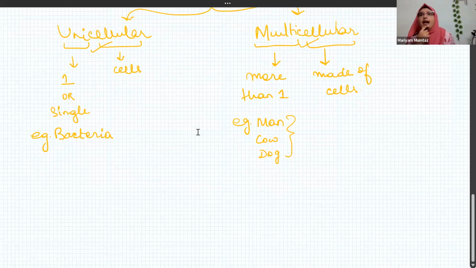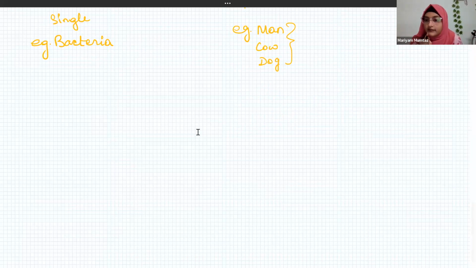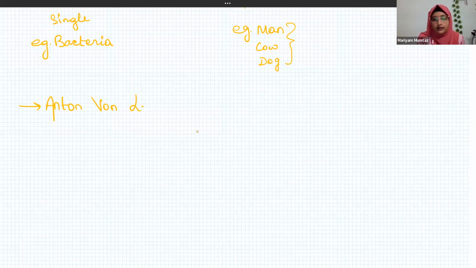Now, I would also like to tell you one thing: when Robert Hooke discovered the cell, he took cork, right? Cork are dead cells. They are cells, but they are dead cells. So basically, he discovered the first dead cell only. But now, of course, we have to discover the living cell, right? Because so many organisms are living. So then another scientist came, and his name was, write it down, Anton von Leeuwenhoek.